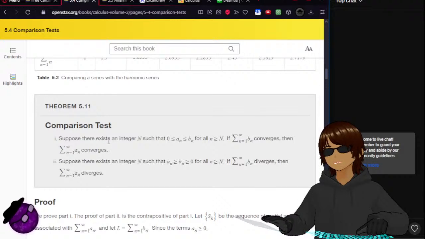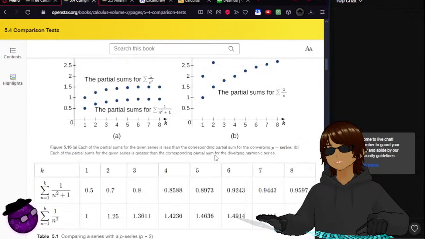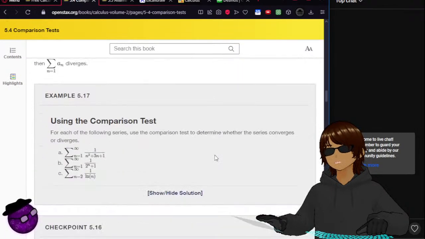Suppose there exists an integer n such that 0 is less than a_n, which is less than b_n for all n greater than or equal to capital N.